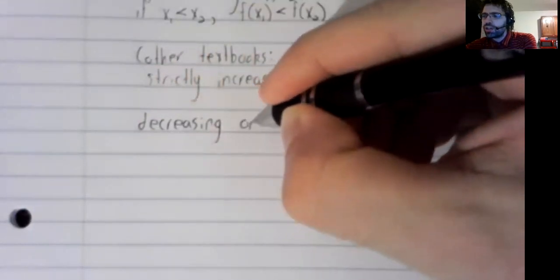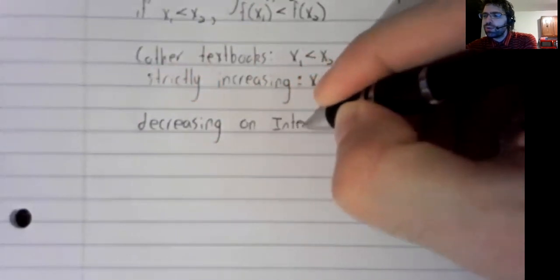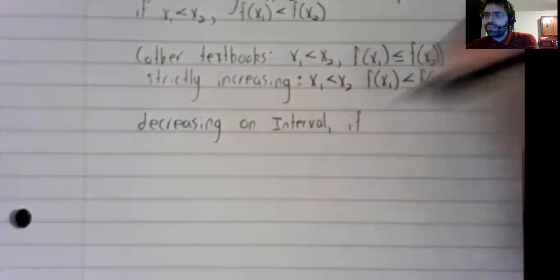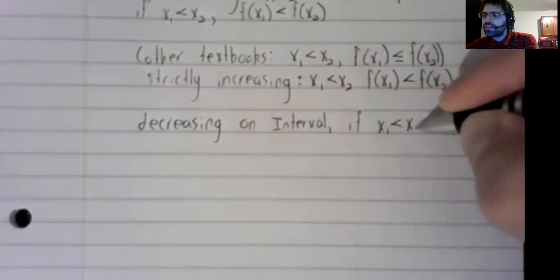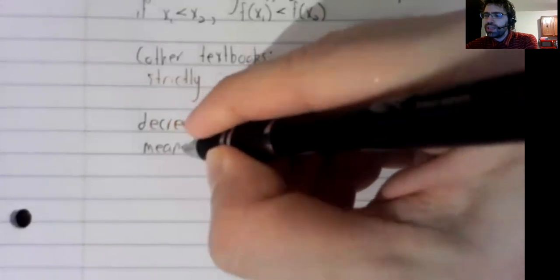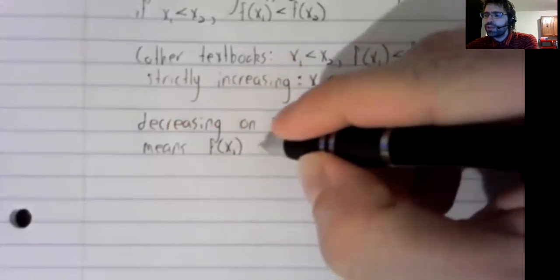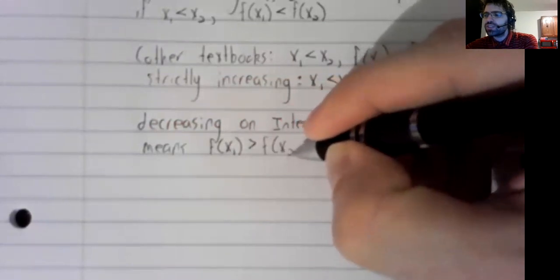A function is decreasing on an interval if x1 being less than x2 means that f of x1 is greater than f of x2.